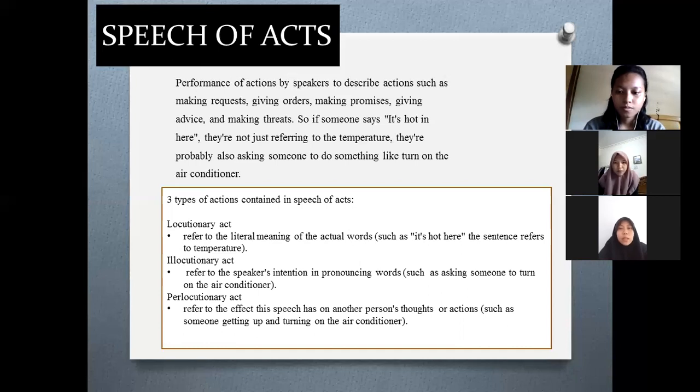Second, illocutionary act refers to the speaker's intention in pronouncing words, such as asking someone to turn on the air conditioner. And the last, perlocutionary act, refers to the effect speech has on another person, such as someone turning on the air conditioner.